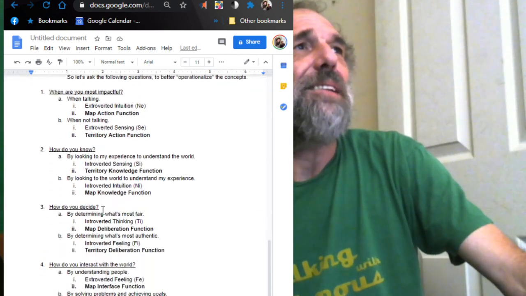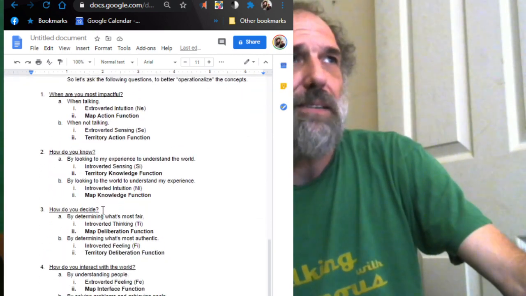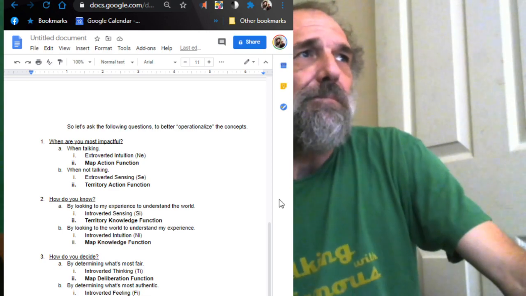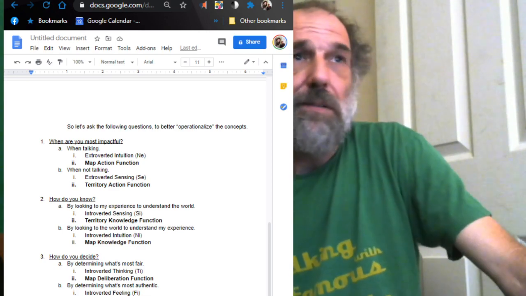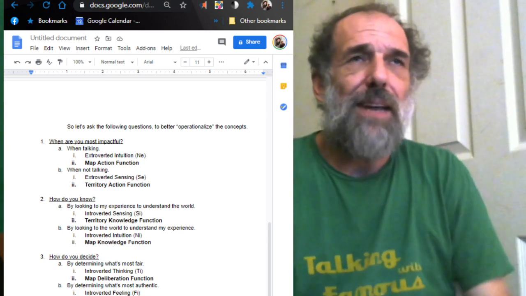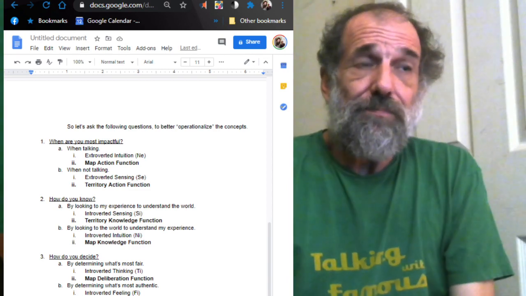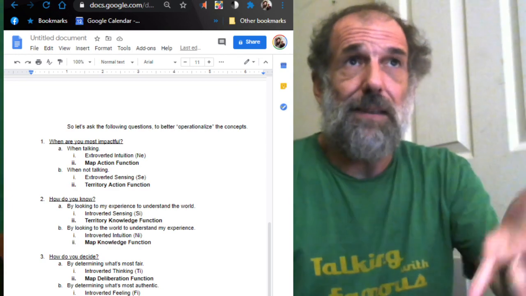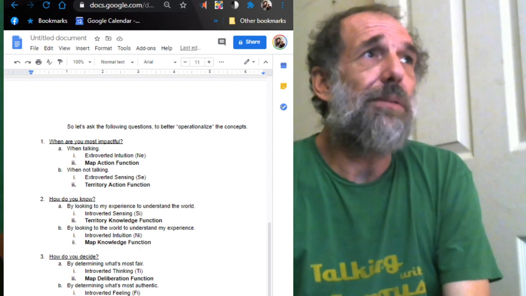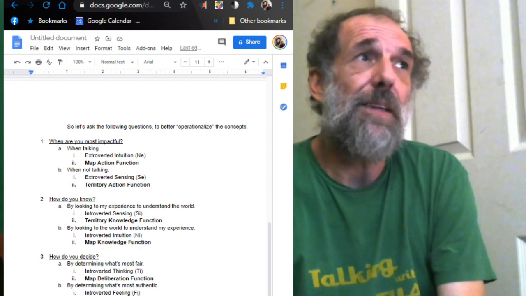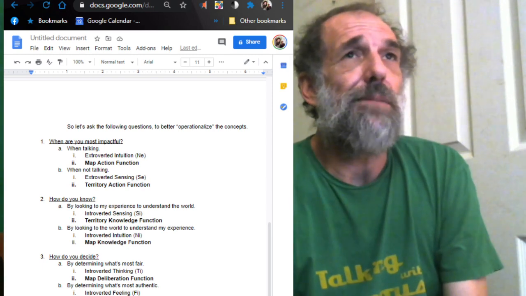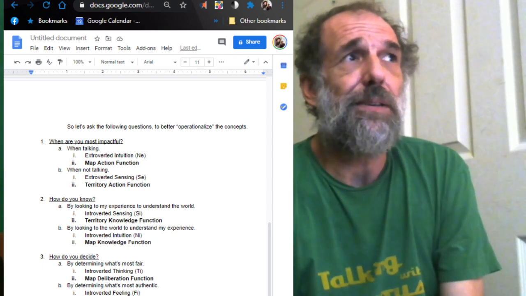So, let's ask the following questions to better operationalize the concepts. To determine your cognitive function or somebody else's, or to meaningfully understand the cognitive function that represents action, there's map action and territory action. When are you most impactful? When talking, then you are using probably extroverted intuition.